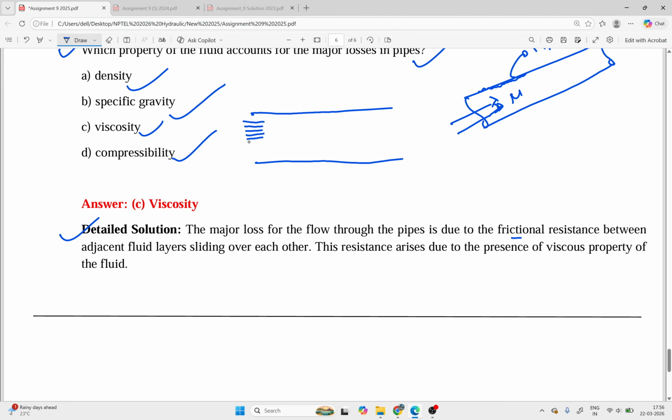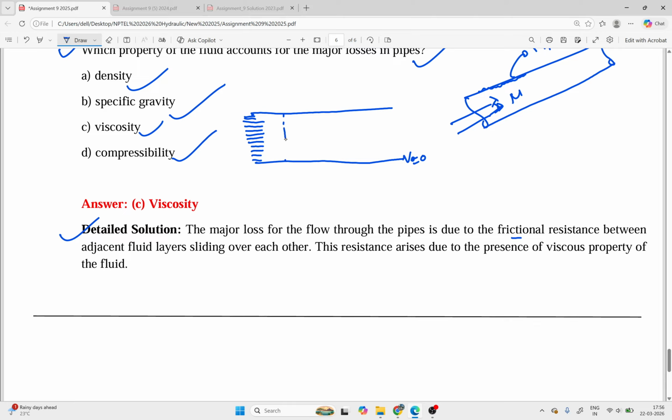So what will happen at the boundary? The no slip condition will occur, because here the velocity at the wall will be zero, then slightly more, slightly more.